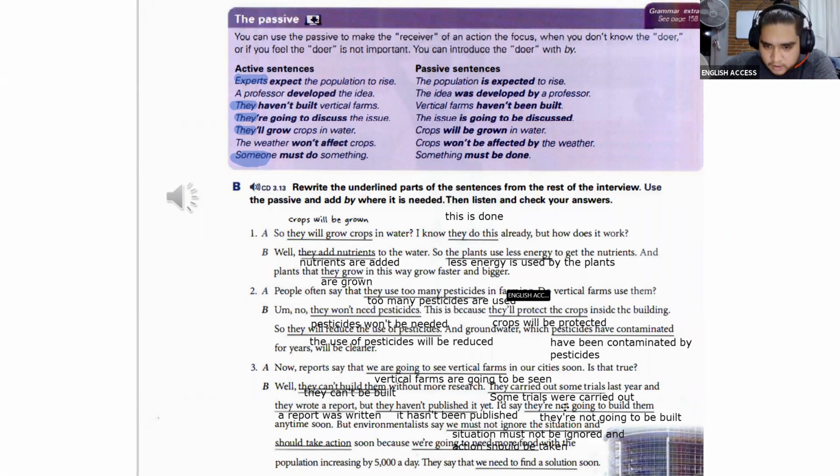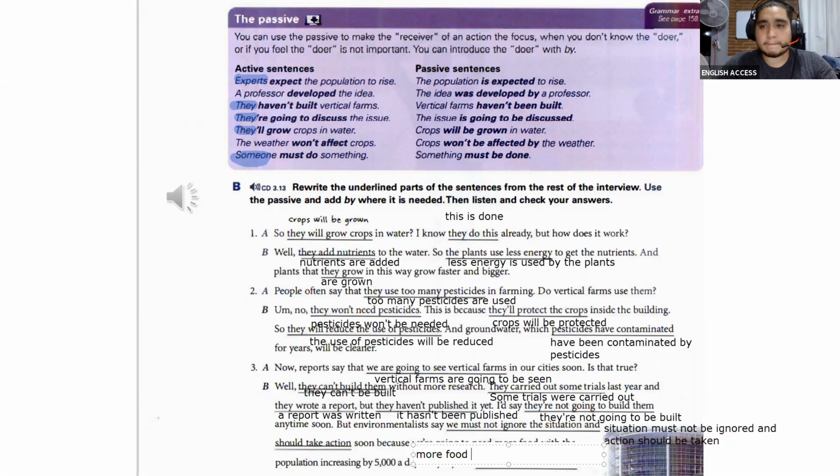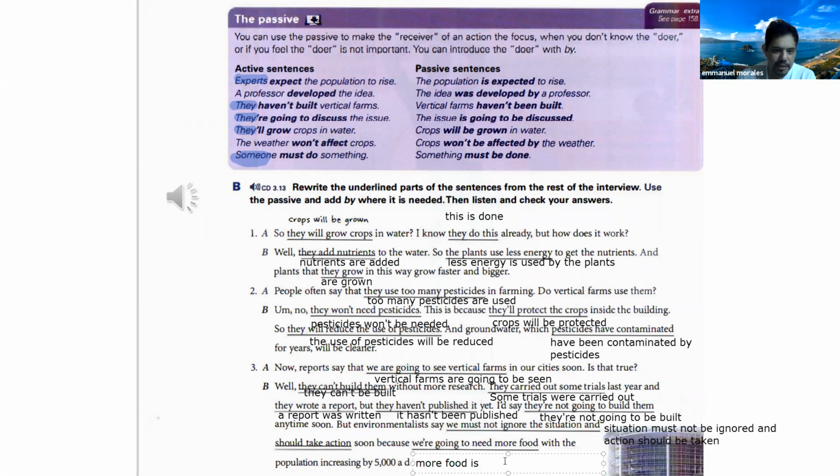We're going to need more food. Because more food is being... Can I see the sentence? More food is going to be needed.